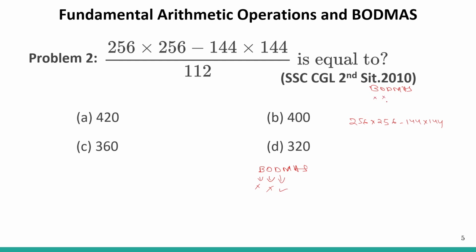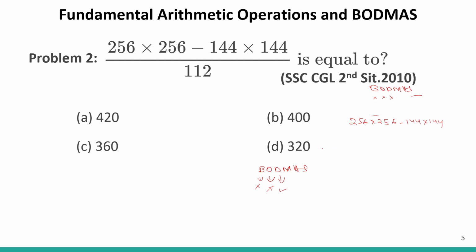No. Any divisions? No. Any multiplications? Yes, you simplify those. Any additions? No, but there are subtractions. But what I can see from here is there is a trick. You can individually multiply and then subtract and get the answer, but we won't follow that path. We'll do a shortcut method.